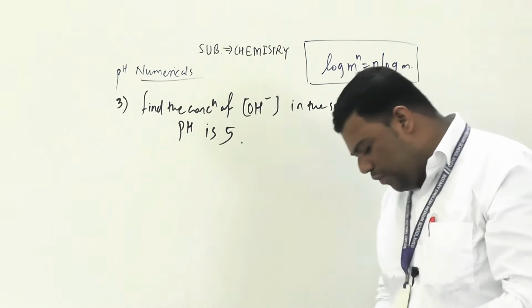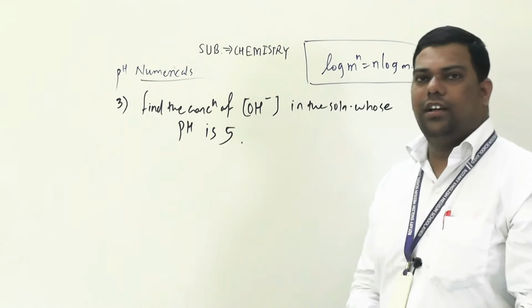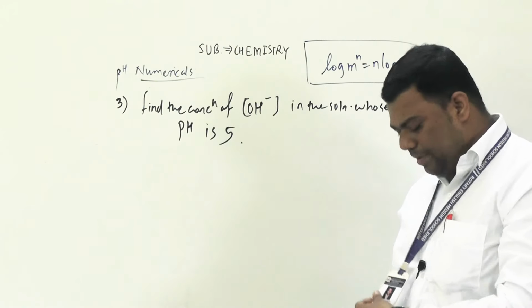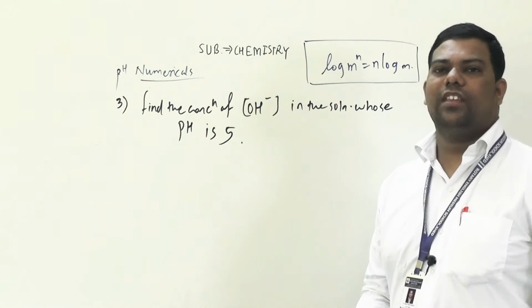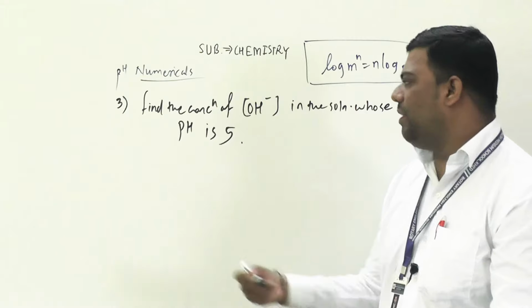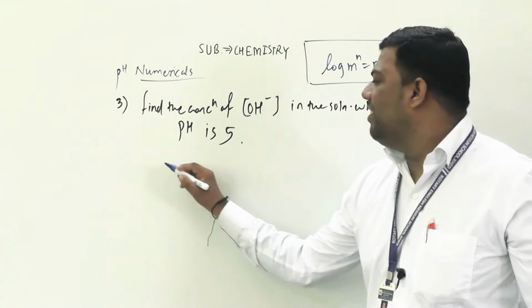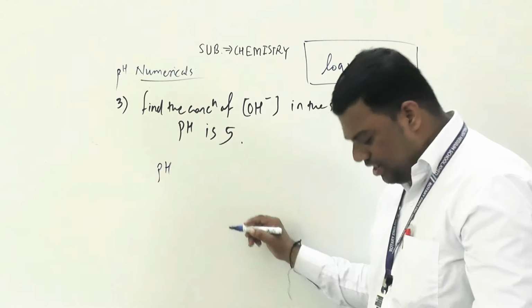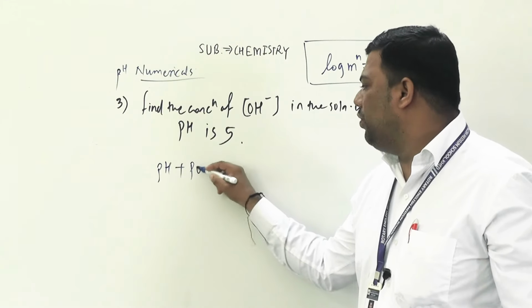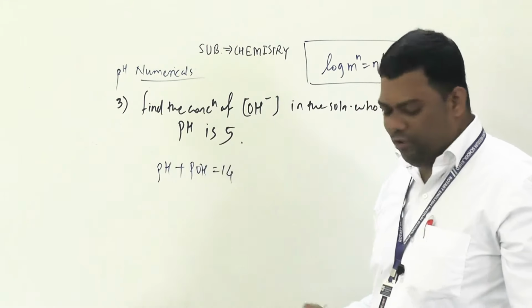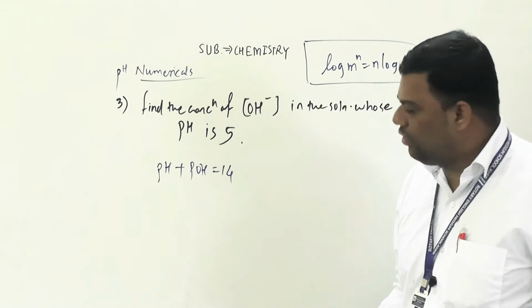As you know, I discussed one formula. Which formula is here? pH plus pOH is equal to 14.